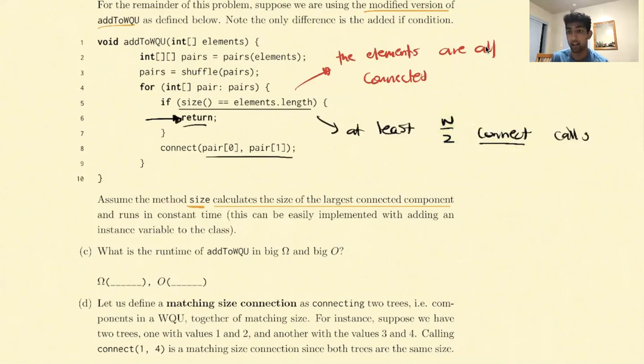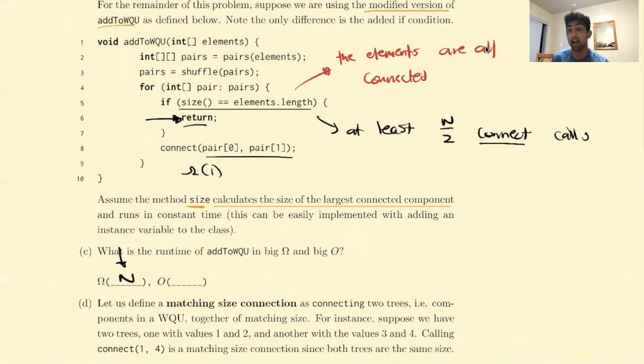And what that tells us is that since each connect call runs in omega of 1, the fastest that we can possibly exit the add to WQU method is going to be on the order of n. Okay, so we know that this is a possible big omega bound, but now I'm going to show that it's a tight big omega bound.